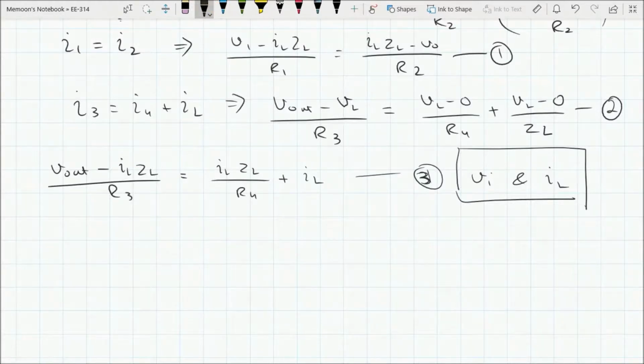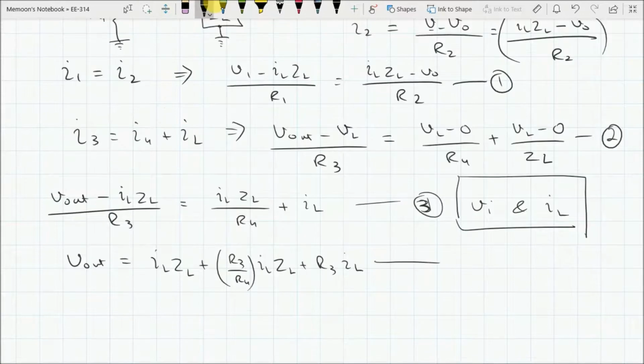So let's rearrange this equation and see what happens. V out is equal to IL ZL plus R3 over R4 into IL ZL plus R3 into IL. Let's call it equation 4.